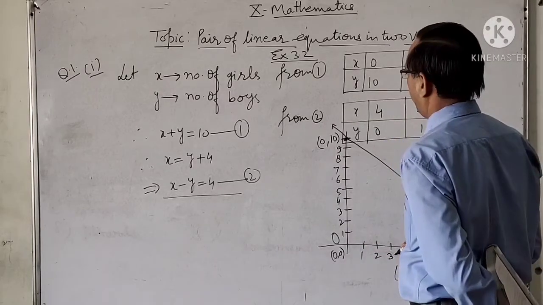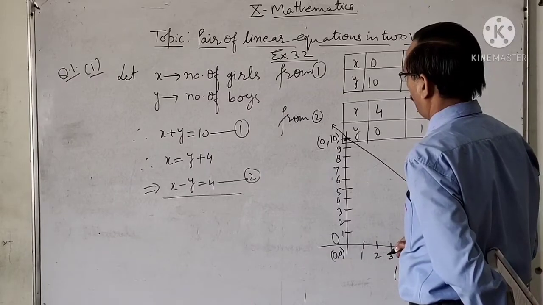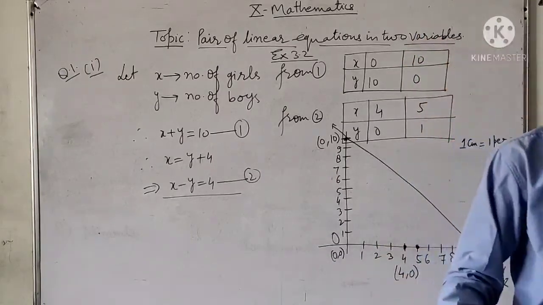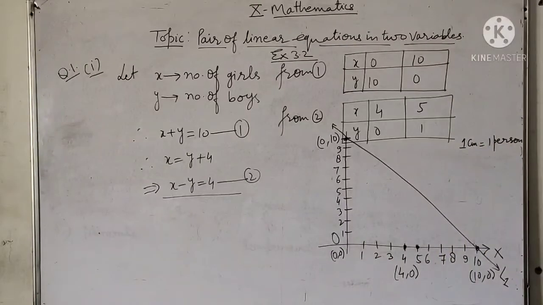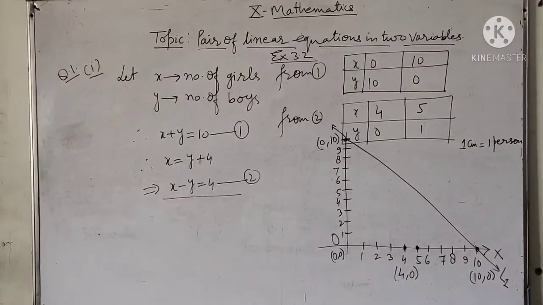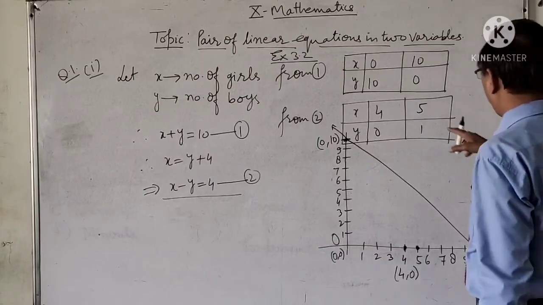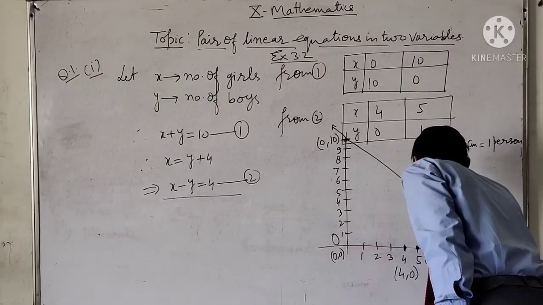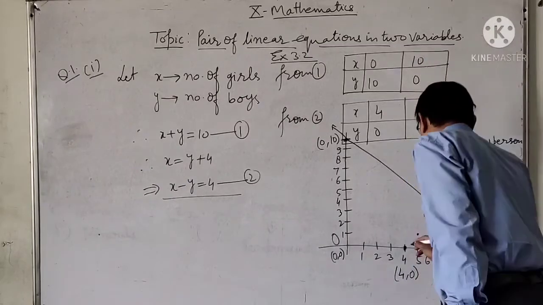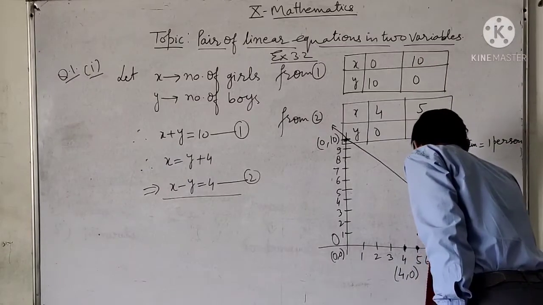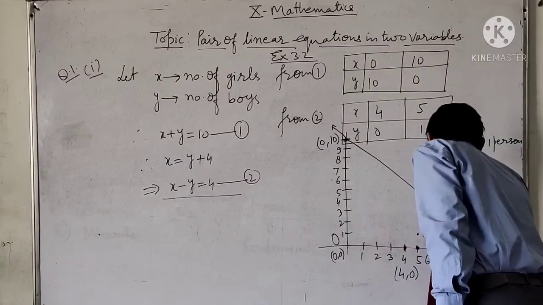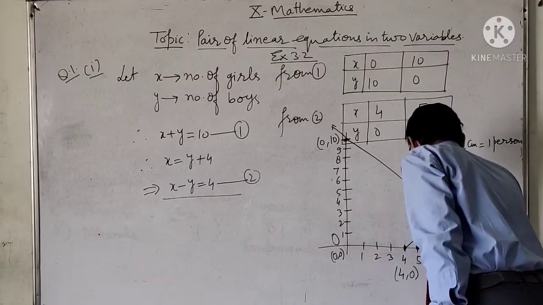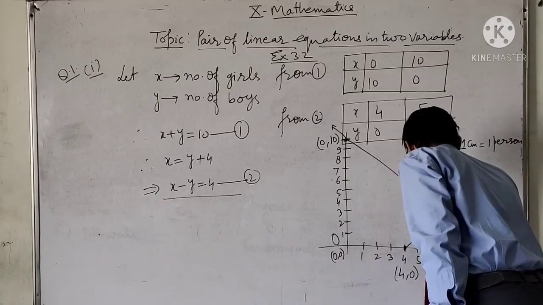Student, another point is 5, 1. So there are 2 points, 5, 1 and 4, 0. We will join them.